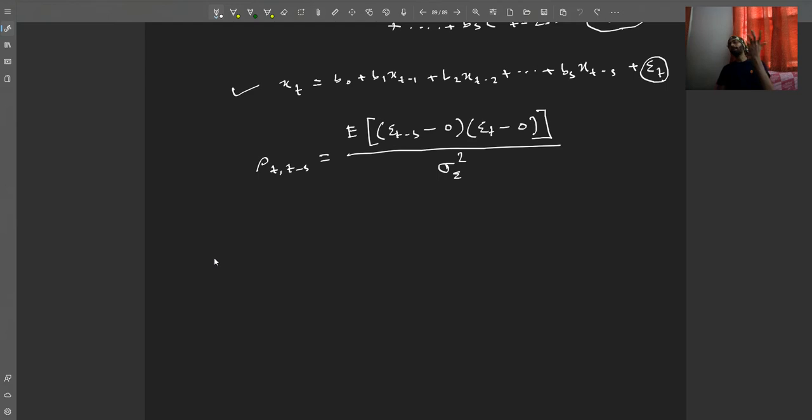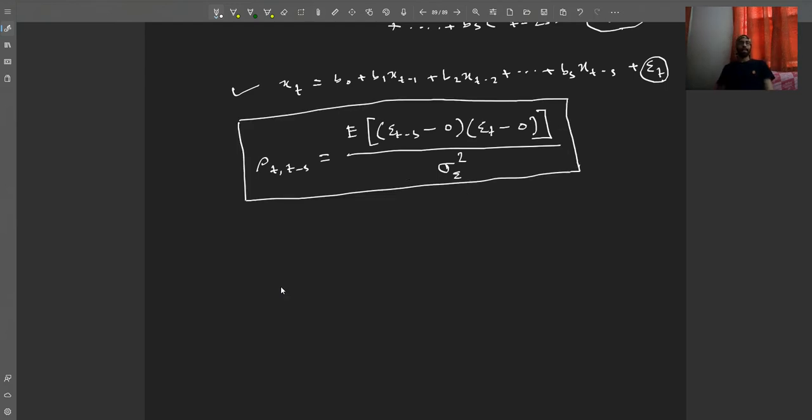Now how do we decide whether autocorrelation exists or not? Let's say there are 100 time periods in the model. What we do is, we divide this correlation by root over of 100 and check the value of this. If this value is more or less equal to 0, that means there is no serial correlation or autocorrelation.